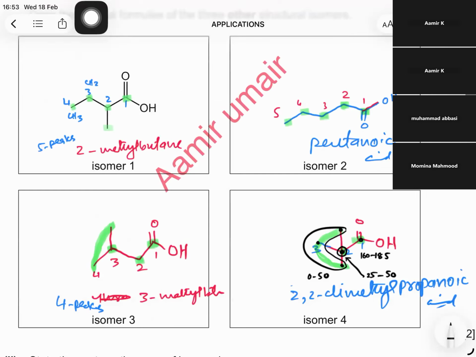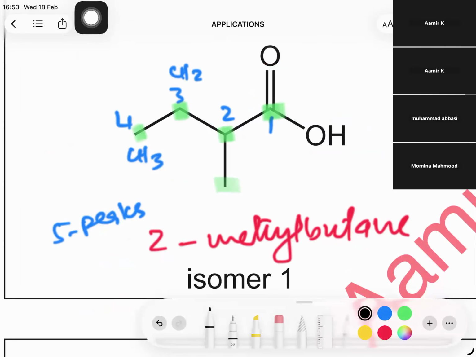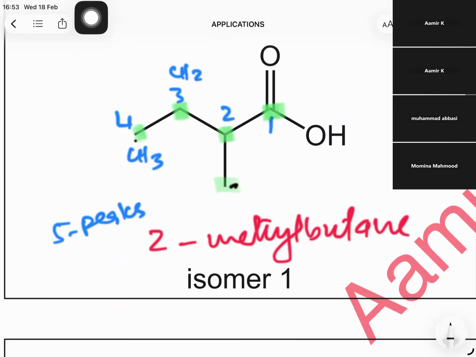Okay, here it is. How many peaks for this? These are the peaks of hydrogen. Here it is CH3, CH2, here it is CH3, and here it is CH. So how many peaks for this? 1 for this hydrogen, 2, 3, 4, 5.